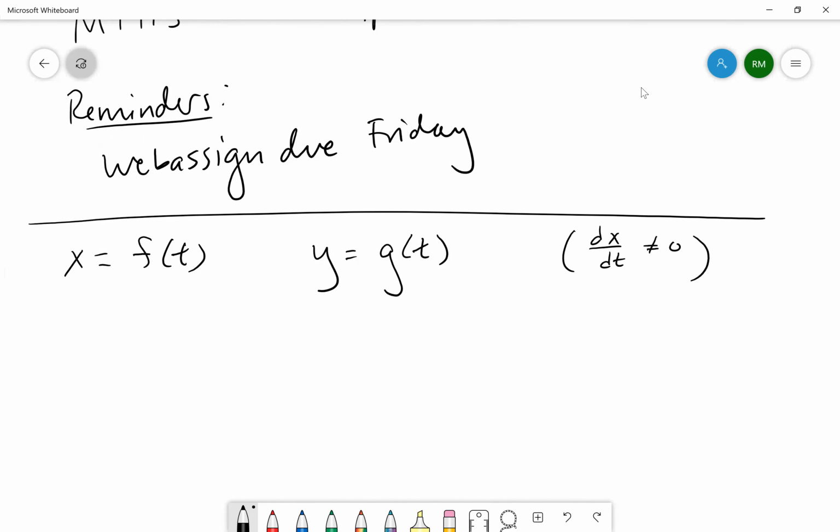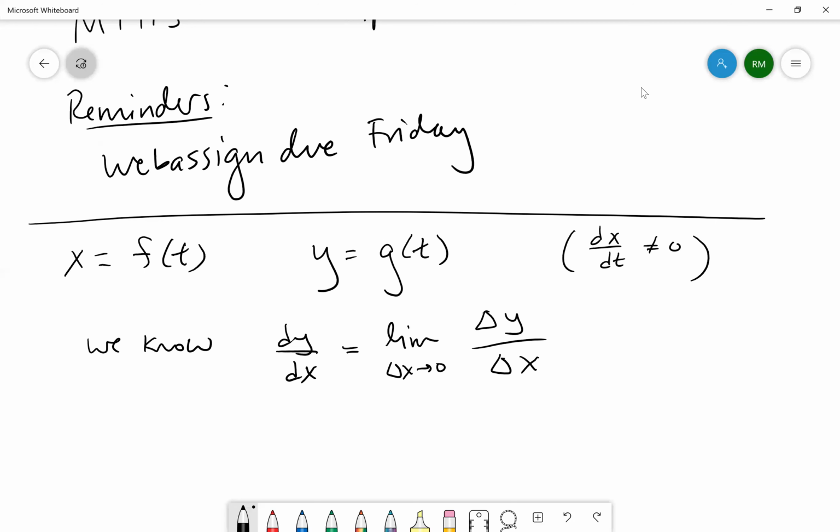Now, we need to work with the derivative. We know from Calc 1 that the derivative, dy dx, is the limit as delta x goes to 0 of the change in y over the change in x.